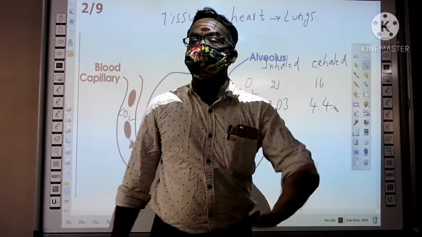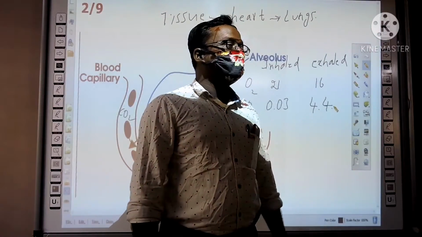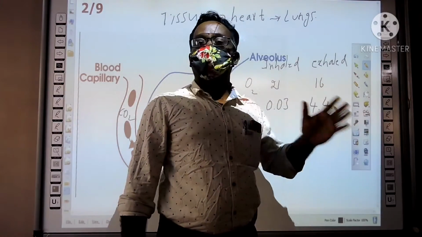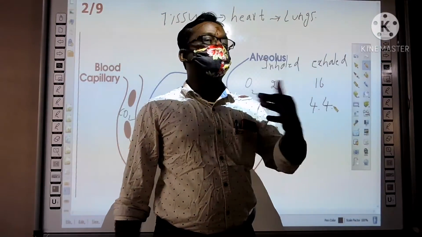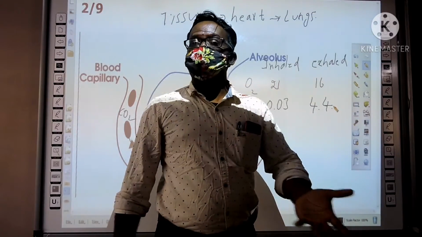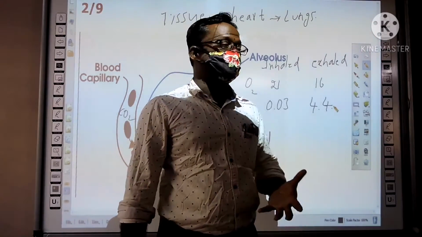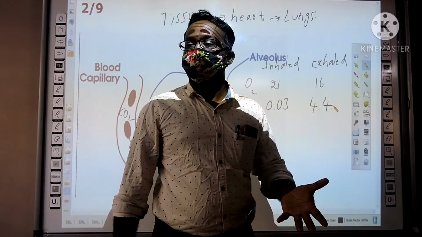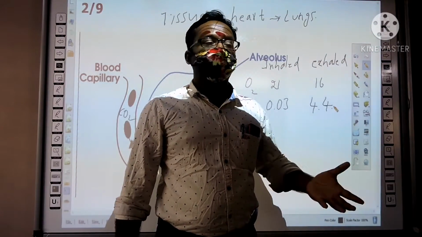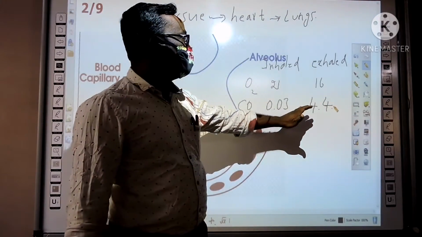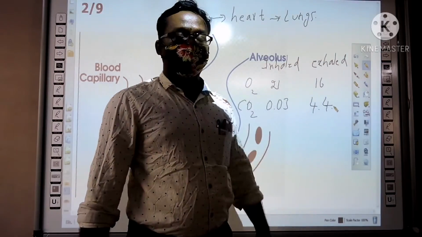What is the reason? Can you guess? Carbon dioxide is the byproduct of respiration. In the cells, carbon dioxide is produced in respiration. That's why the exhaled air consists of more carbon dioxide.